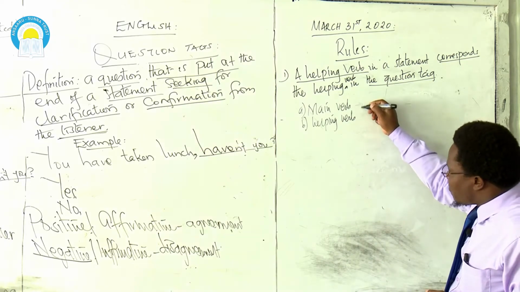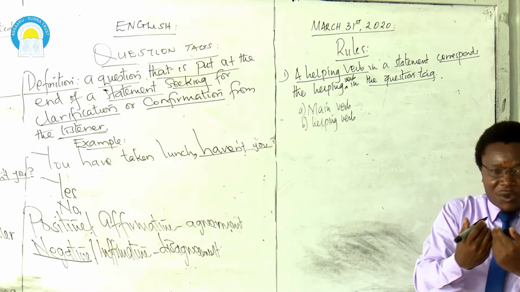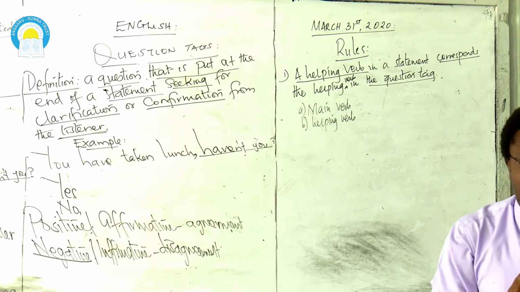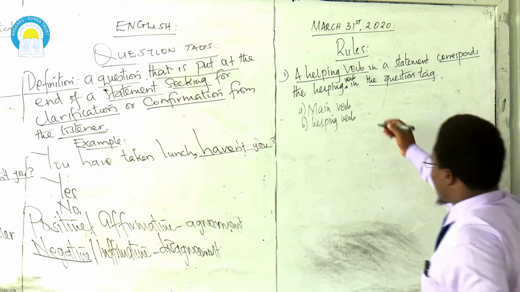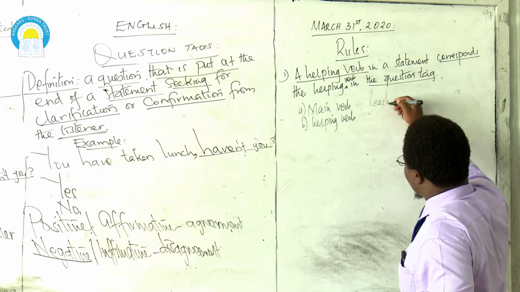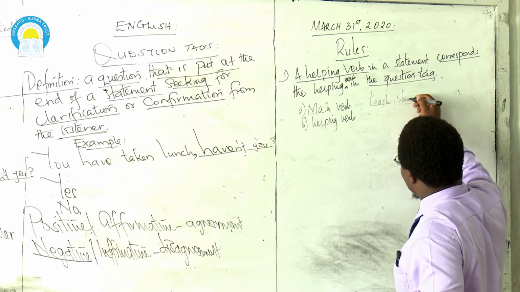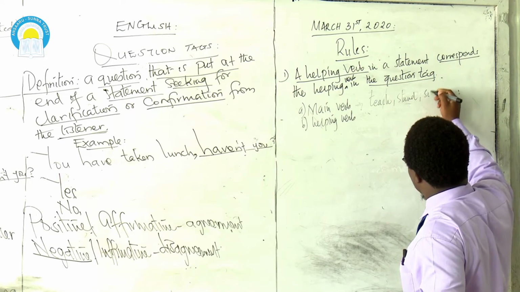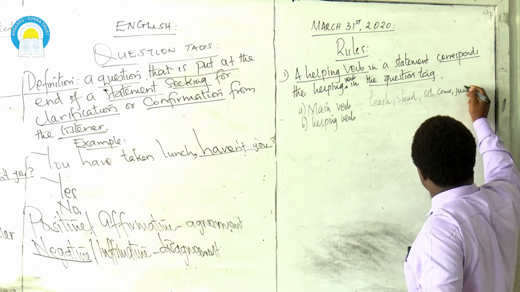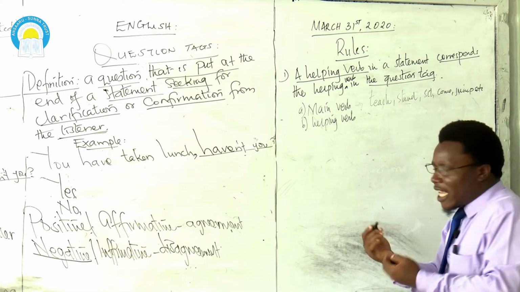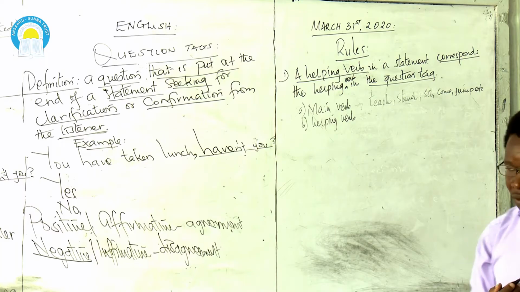The main verb is a verb that expresses the meaning in itself. If I say teach, you find a teacher teaching. Stand, someone standing up. Sit, come, jump, among others. They express the meaning in themselves.